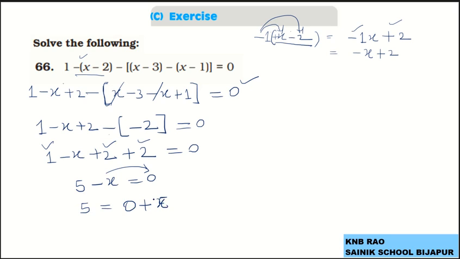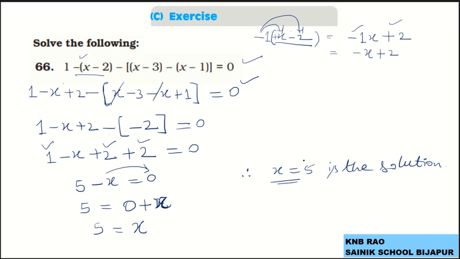So, 0 plus x. So, 5 equals 0 plus x, where 0 added to any number or any number added to 0 gives the same number. So, x plus 0 is x equal to 5. Thus, we say, therefore, x equals 5 is the solution of this given equation.